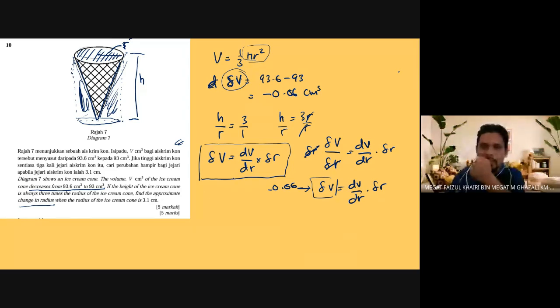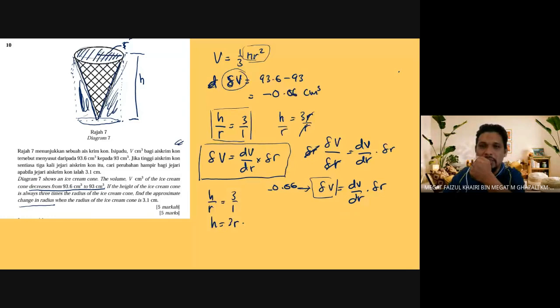Okay, and then the change of V with respect to r for this given h. The ratio of height to radius is 3 over 1, or h equal to 3r.